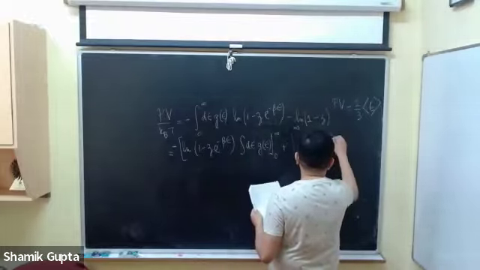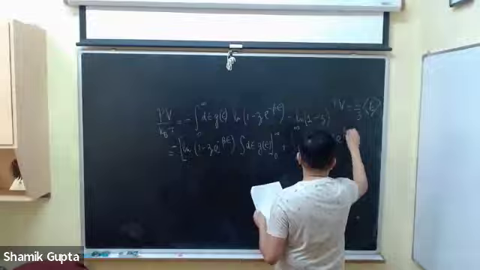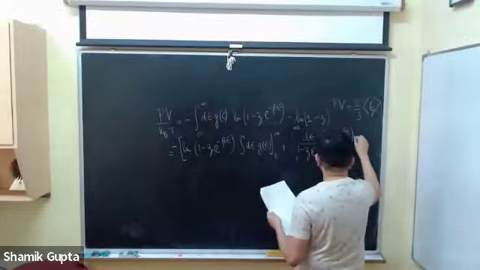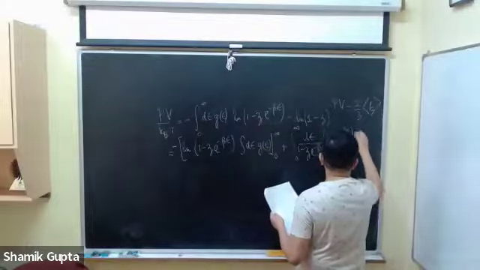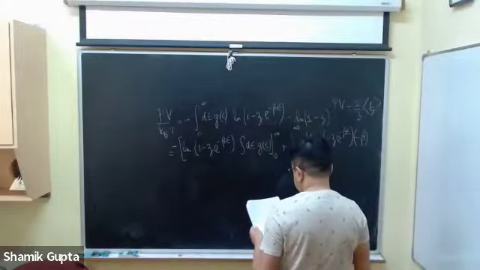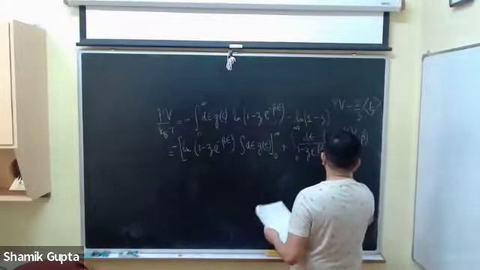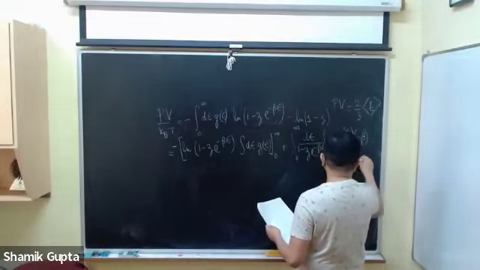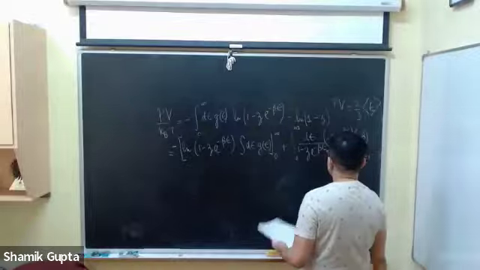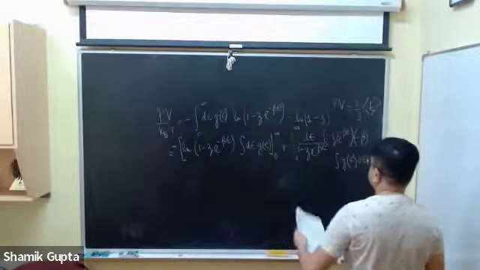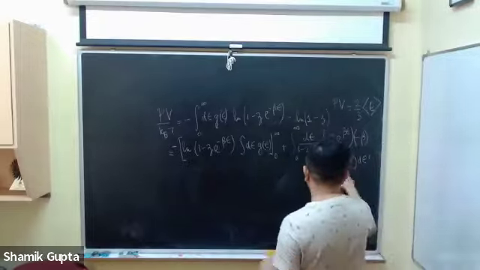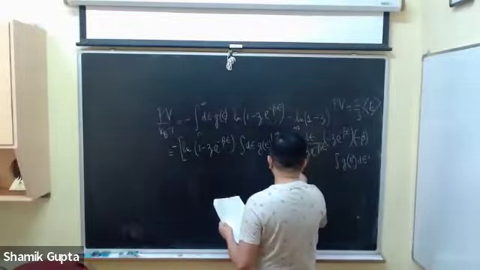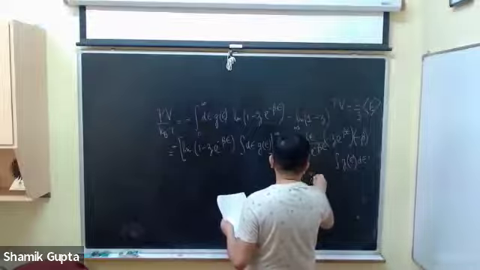So we get minus z e to the power minus beta epsilon times minus beta times the integral of g(epsilon) d epsilon. That is, first function into integral of second, minus integral of differentiation of first into integral of second.